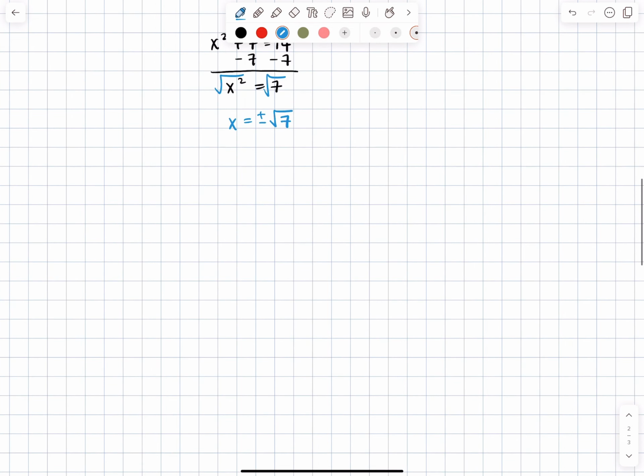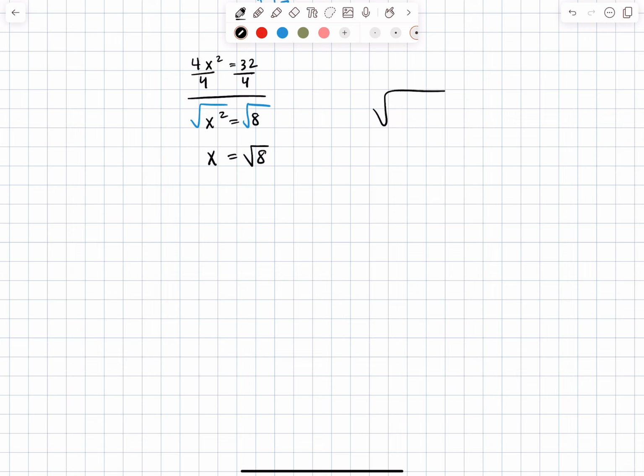Let's look at another example. Let's say we had 4x squared equals 32. We isolate by dividing by 4 on both sides. x squared equals 8. Then taking the square root of that, we can't simplify further, or actually we can, sorry. So x equals the square root of 8. Let's simplify this. Coming to our tree diagram method, 2 times 4 is 8.